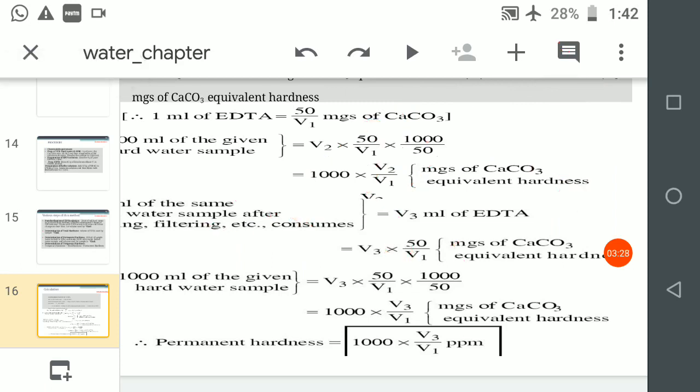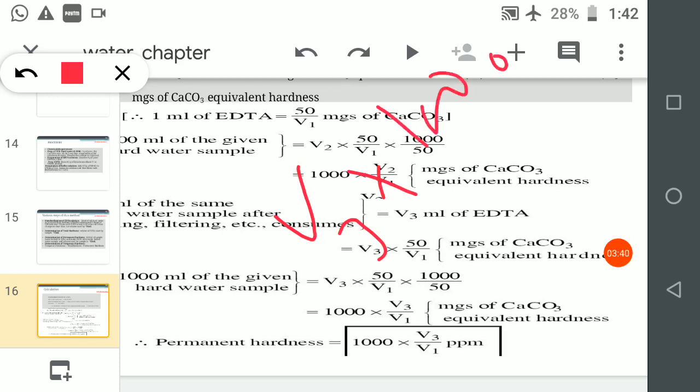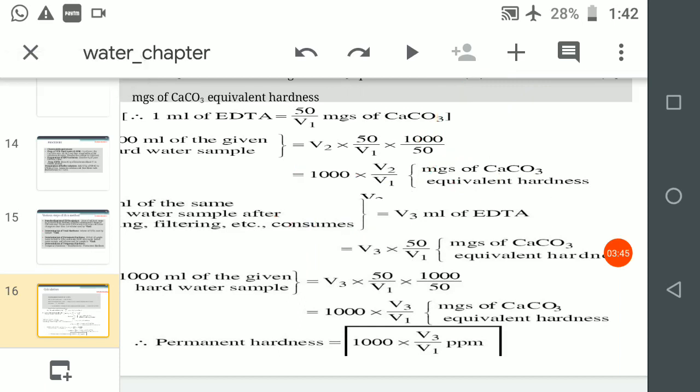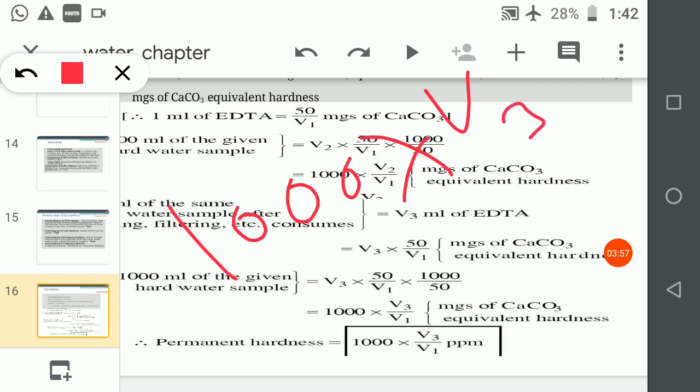So what will be next? That will be V3 into 1000 upon V1. So the hardness in boiled water is 1000 into V3 upon V1. Permanent hardness will be 1000 into V3 upon V1. This hardness is present in boiled water.